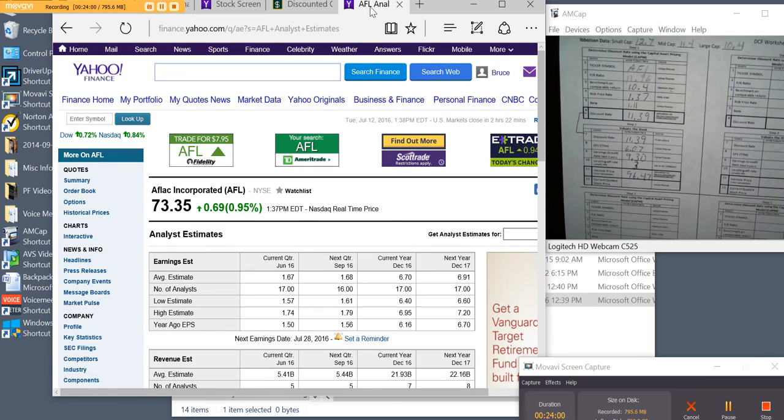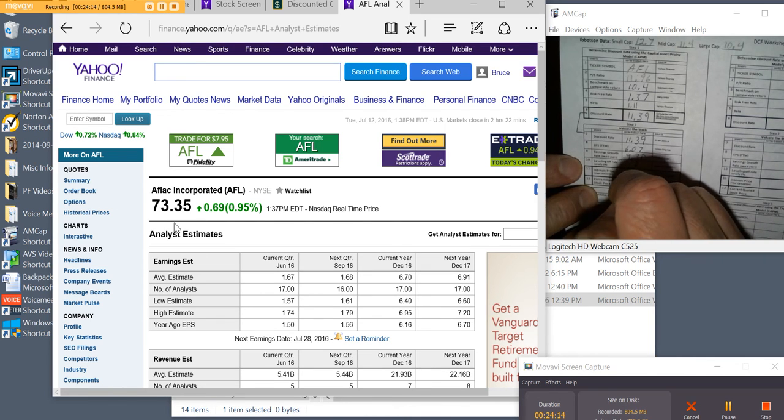When we go back to Aflac, we're going to see how much it's currently trading for on the stock exchange. And we see right now that Aflac is trading at $73.35. Go ahead and write that down.